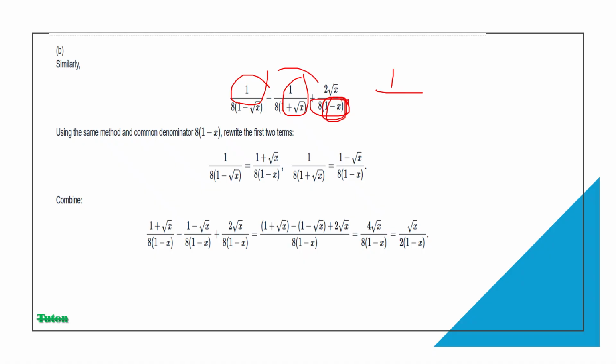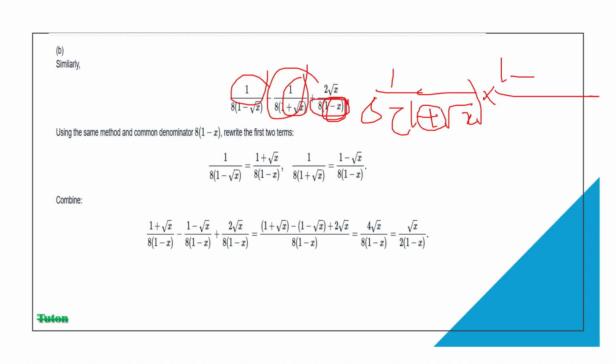Now moving on to the second term, we have 8 multiplied by 1 plus root x, which would be multiplied by a term which has a negative sign, as here we have been given the positive sign, the rest remaining the same, the 1 and root x would be the same.